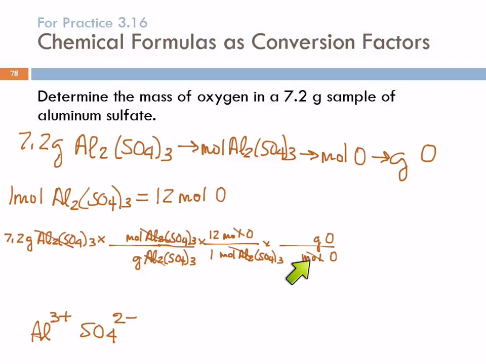How many grams of oxygen per mole of oxygen? 15.9994. How many grams of aluminum sulfate? You gotta calculate that.